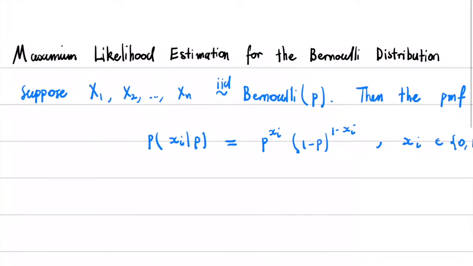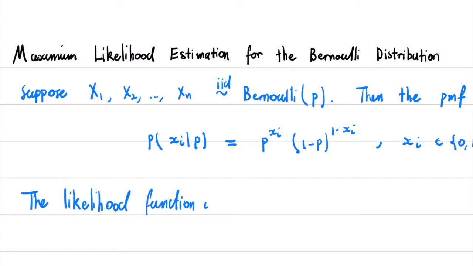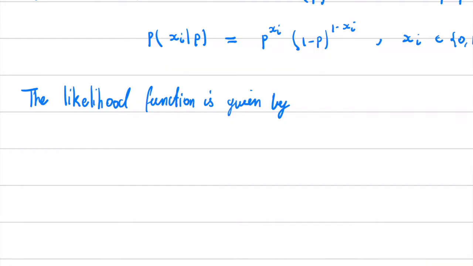So using this PMF, the likelihood function is given by, well, again, the likelihood function, and we'll call it L of the parameter p, is equal to the product from i equals 1 to n of all the respective marginals.